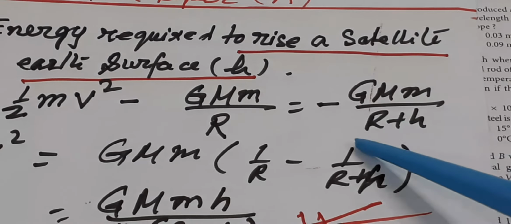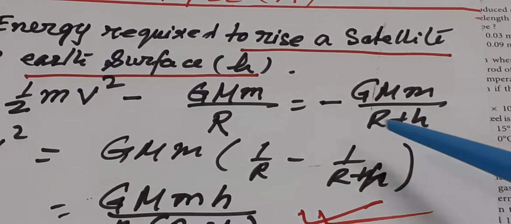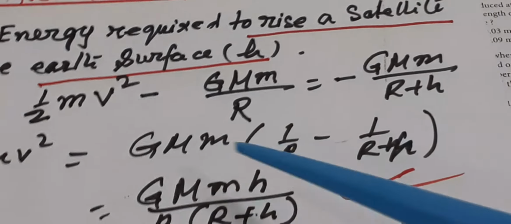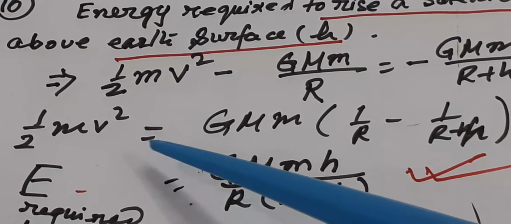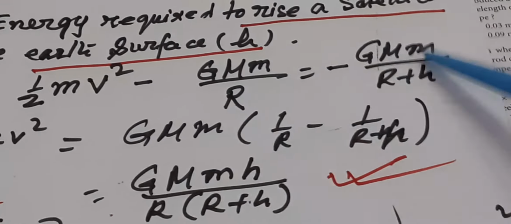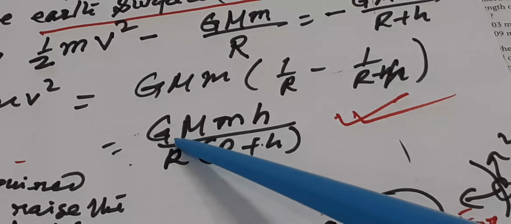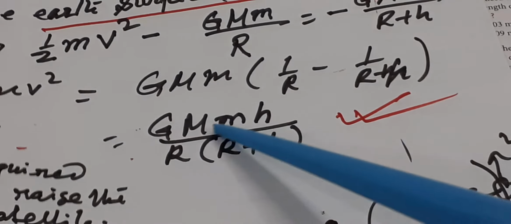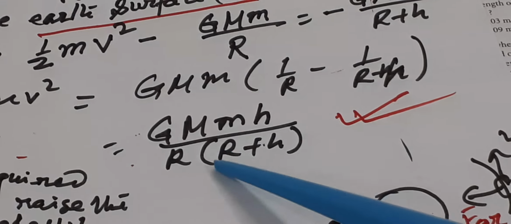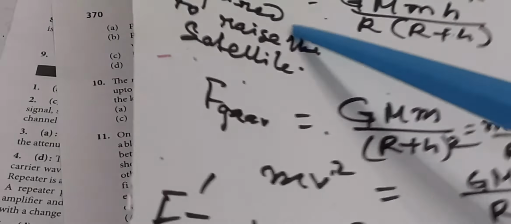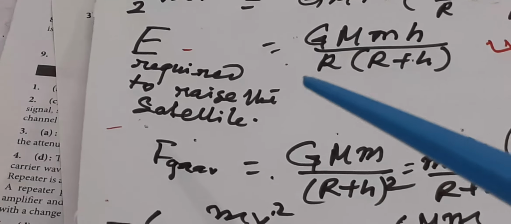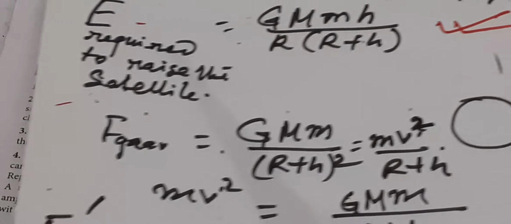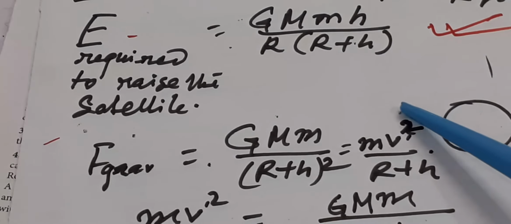So find out half mv square by bringing this to the right side and solving. We will get this expression: GMm h by R within bracket (R plus h). This is the kinetic energy to be given to the satellite to reach that particular height.